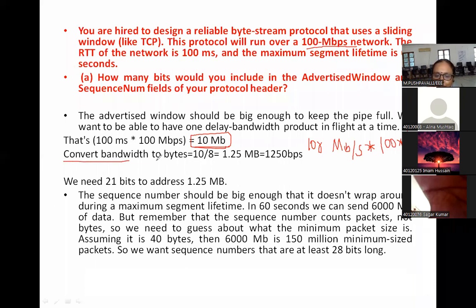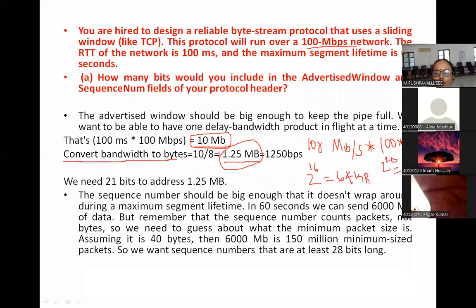If I convert it to bytes, 10 Mb divided by 8 is 1.25 MB. That means what will be my addressing? You all know 2 power 16 is 64 KB, its capacity is 65,535. 2 power 20 is 1 MB, 1 megabyte.